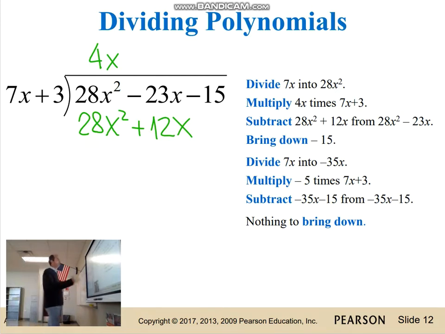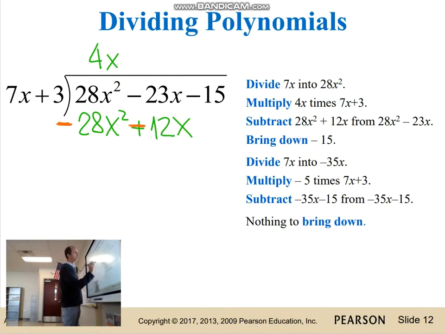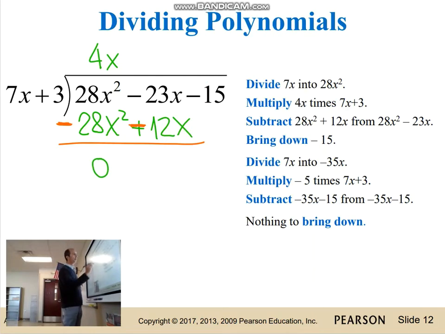And subtract, you're going to subtract from the original polynomial, and the result is 28 minus 28, 0, and negative 23 minus 12, negative 35x. And now we bring down negative 15, so we have negative 35x minus 15.